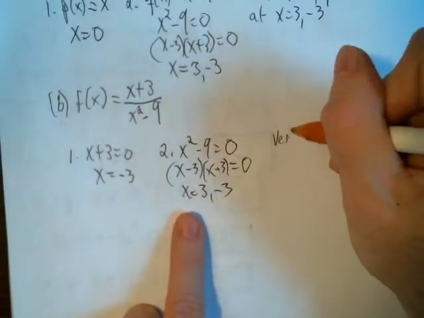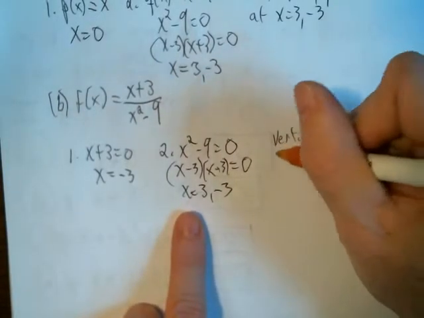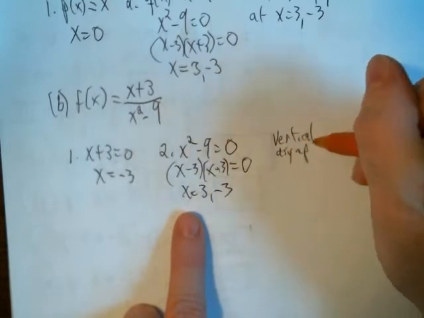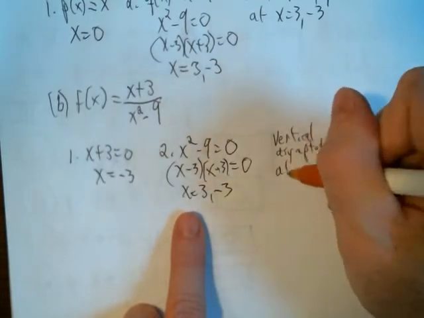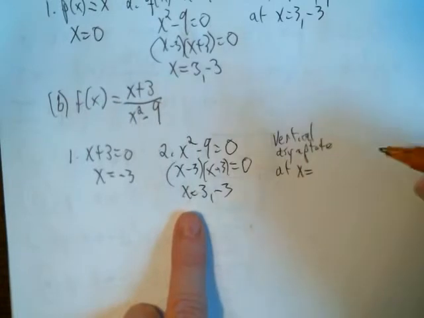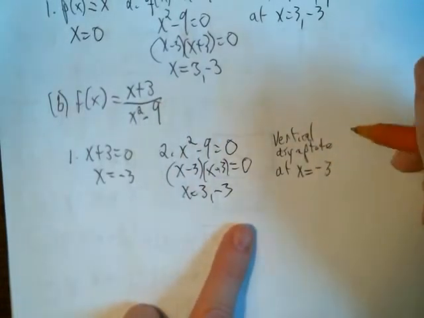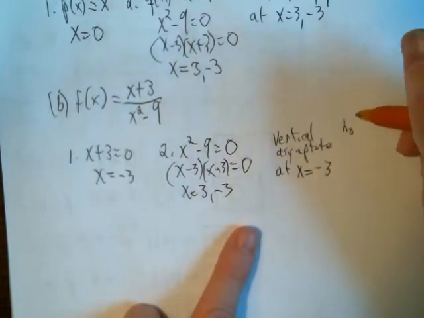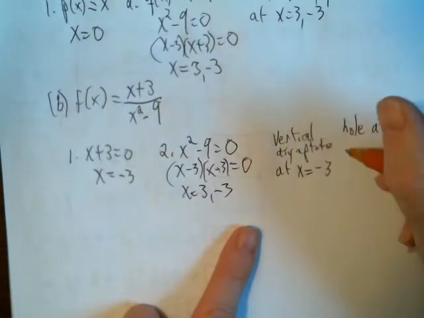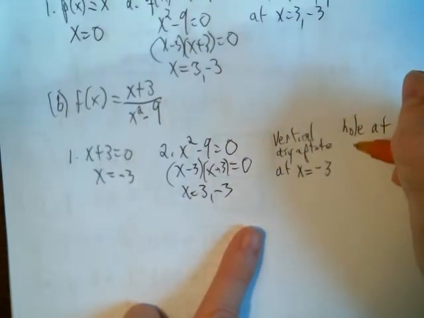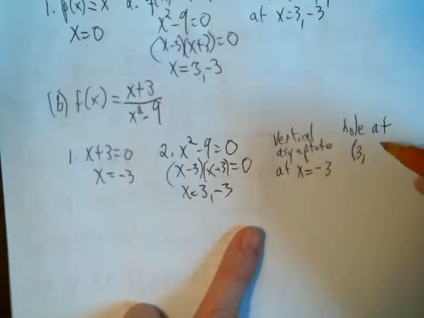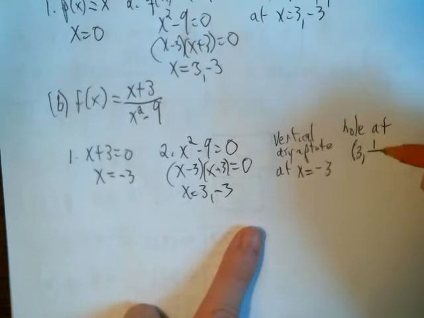So vertical asymptote at x equals negative 3. And then there's going to be a hole at x equals 3, but the particular point will be 3 comma 1 all over, sorry, where's the hole at?